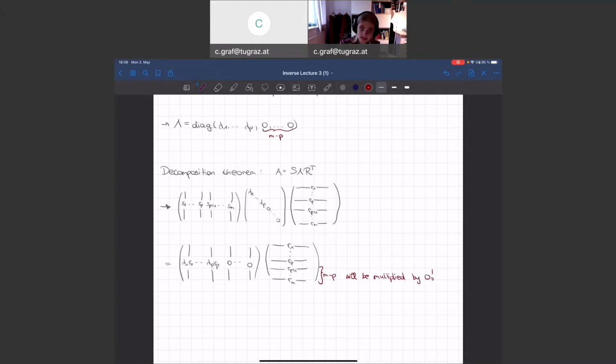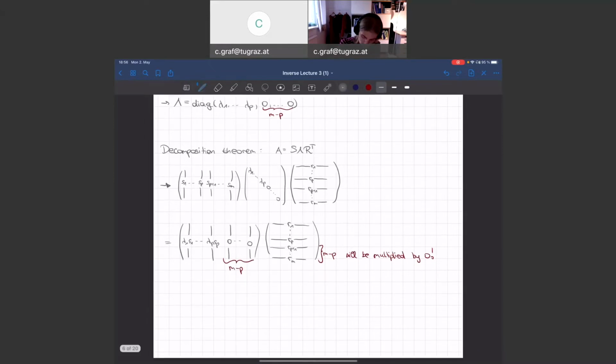Because if you look closely, you see that here are m minus p columns that will directly influence those m minus p rows of R. So to conclude, SP plus 1 up to SM, as well as RP plus 1 up to RM, are not needed to form the matrix A.